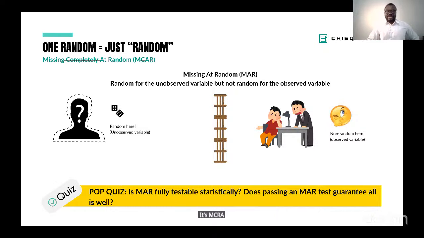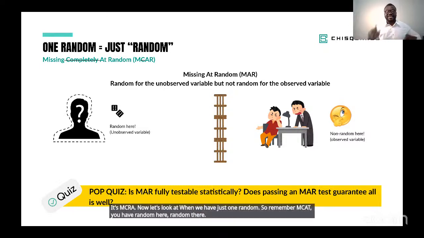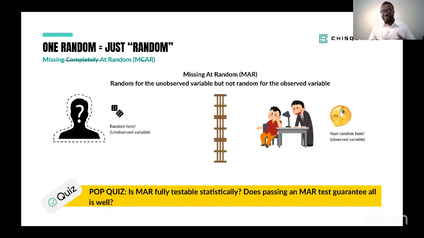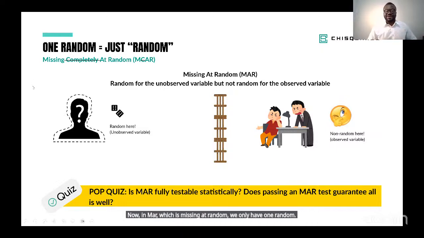Now let's look at when we have just one random. Remember MCAR, you have random here, random there. Now in MAR, which is missing at random, we only have one random. We can swear this guy was not involved in his disappearance, but the neighbors are very sus, right? There's just some reason to believe these guys were involved in this guy's disappearance.